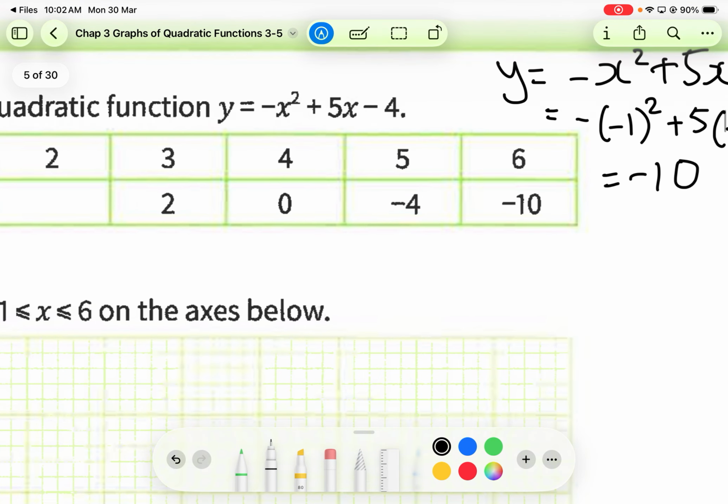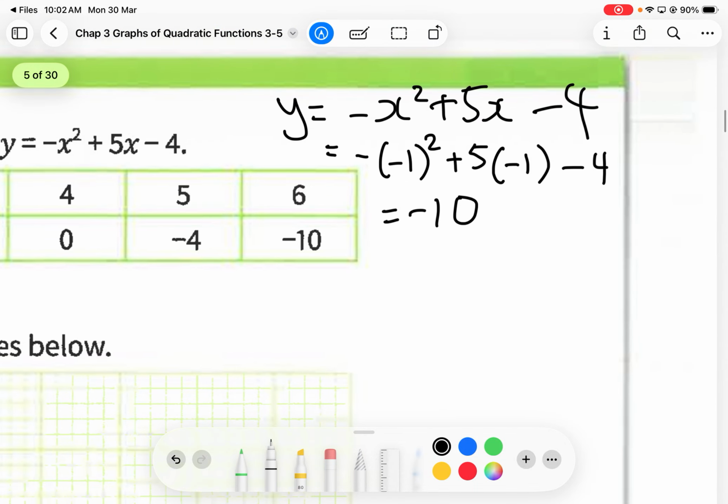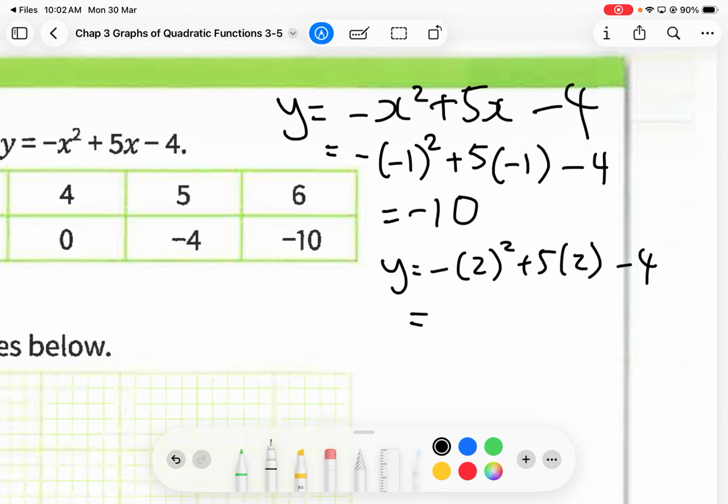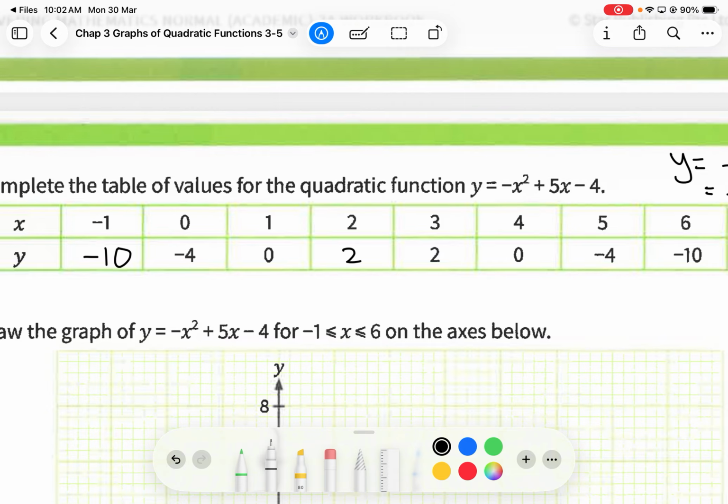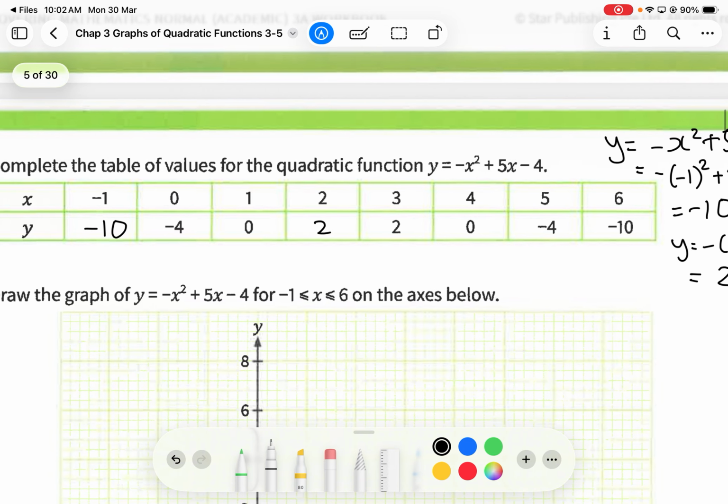Then when you substitute x equals to 2. Minus 8 plus 10. 2. Okay?